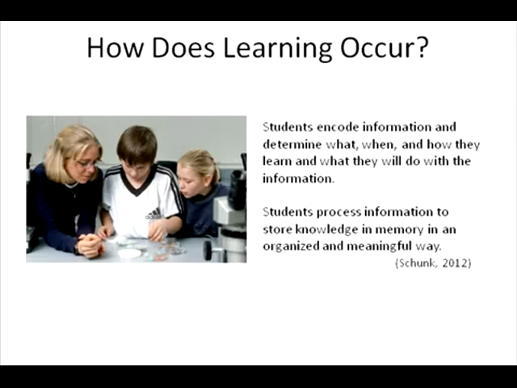Learning is a process and requires many cognitive skills, and in order for them to be able to learn, those skills must be working. It must be in good shape.